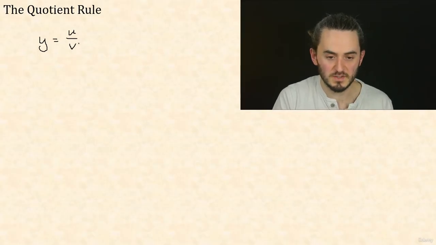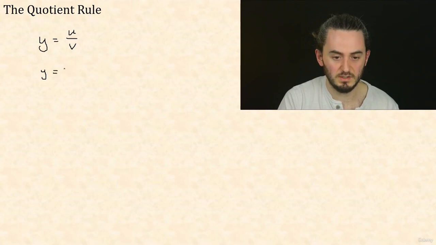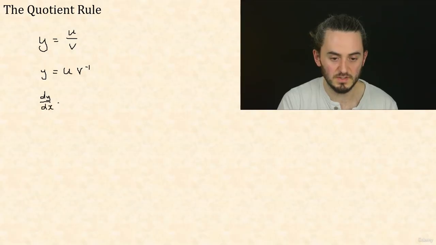Now we can actually derive this one using our other rules, because this is really u multiplied by v to the minus 1. So I can actually just use a mixture of the product rule and the chain rule to differentiate this. Check this out. The derivative here, using the product rule, is differentiate this one, so u dash, and don't differentiate this one, v to the minus 1.